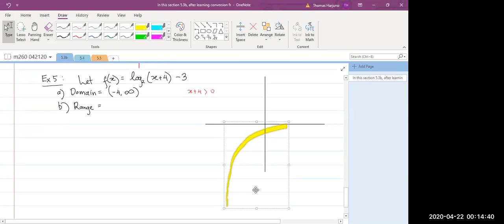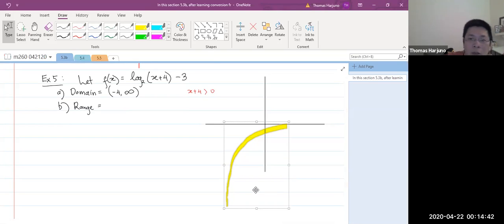Okay. So that's the nice thing about having a range of all real numbers. However you move it, it will be all real numbers. The one that we are afraid of, of course, is if you have a square inside, like changing x plus 4 to x squared plus 4, then it won't be all real numbers anymore, because the domain has already changed.